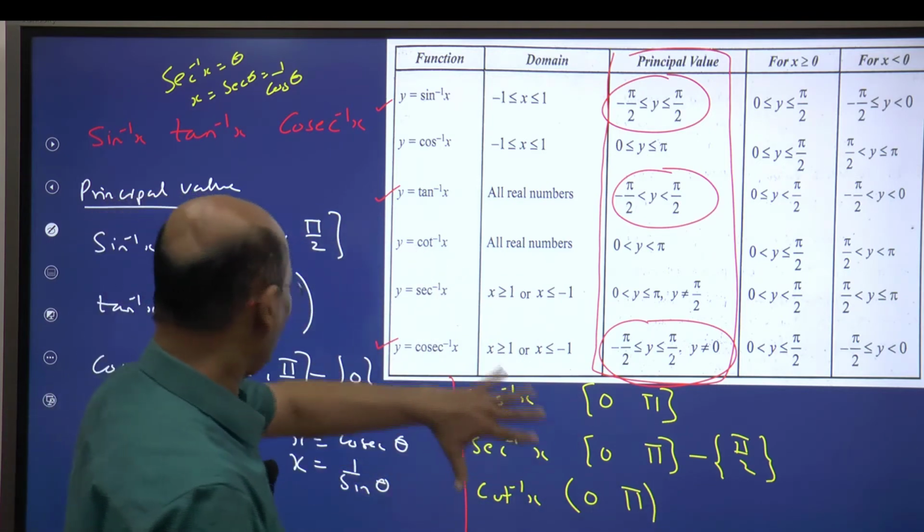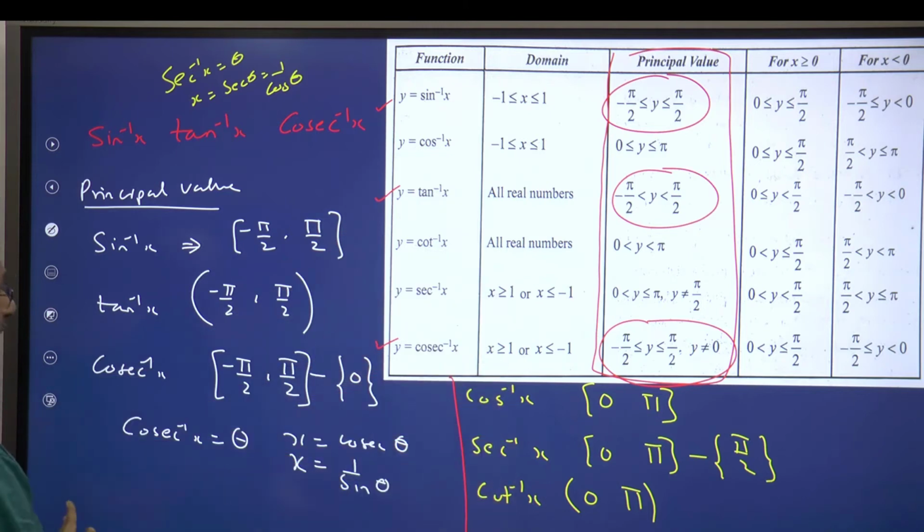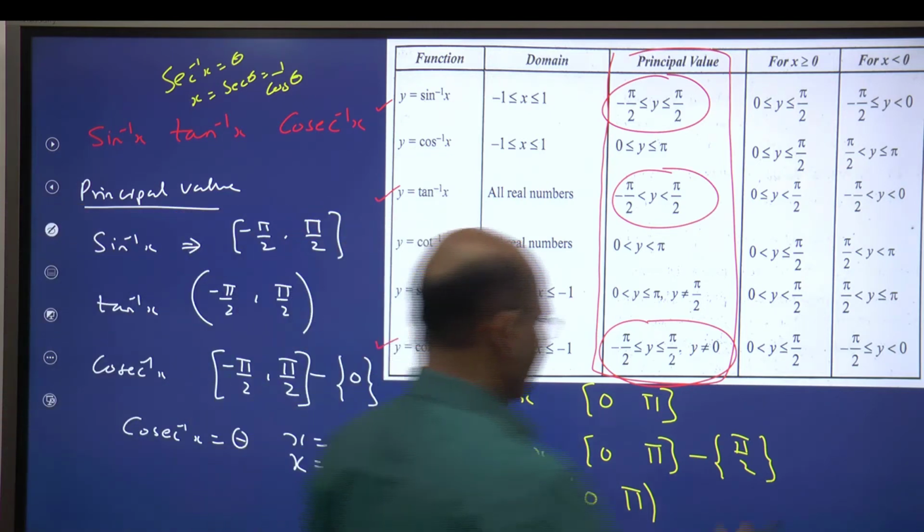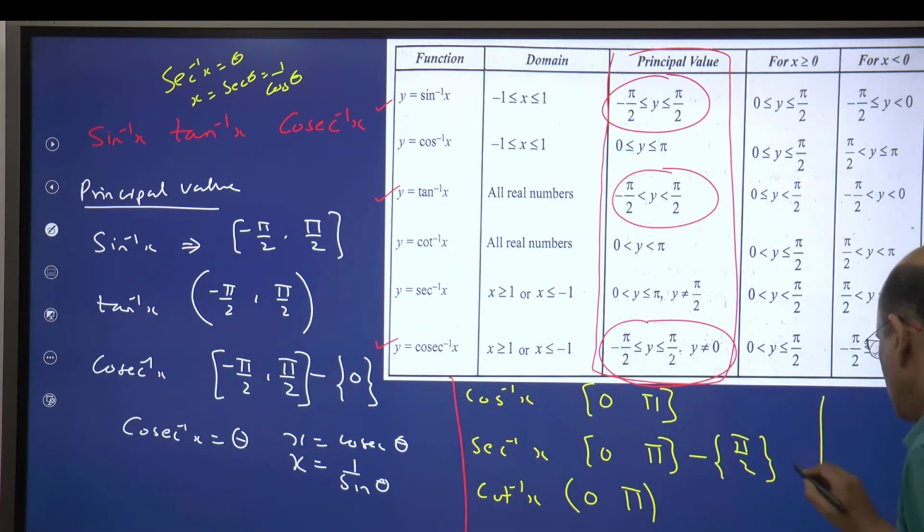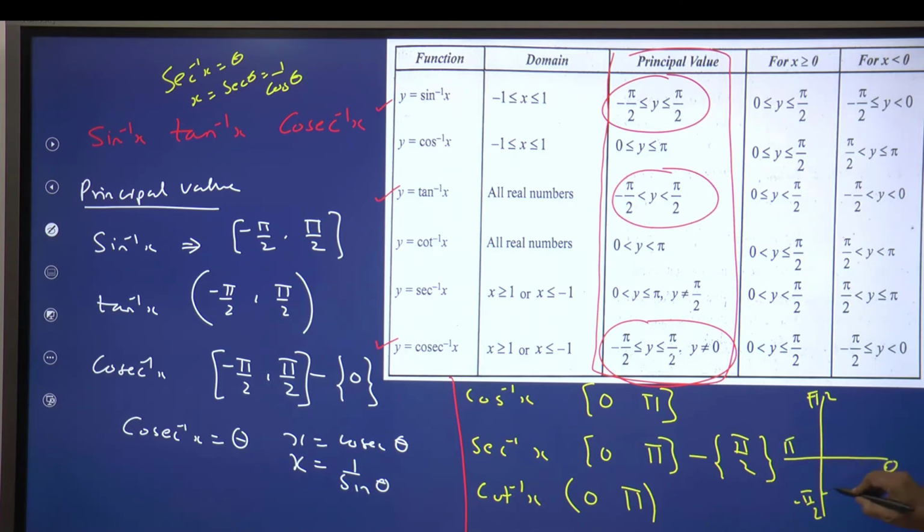So basically if you want to look at this particular thing, there are only two things. Pay attention. If this is the x axis and y axis, say this is pi by 2, this is minus pi by 2, this is 0 and this is pi. If you see this part, minus pi by 2 to pi by 2, it is sine inverse, cosec inverse and tan inverse.